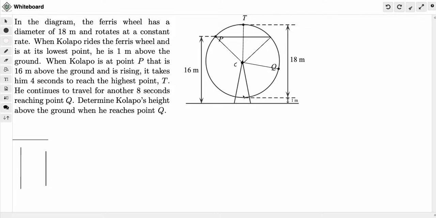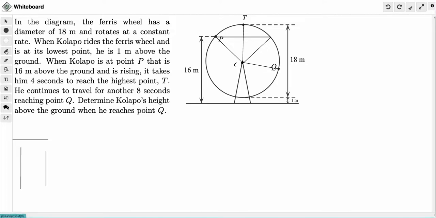First, I can assume that the tip of the triangle right here is at the center of the circle, which I labeled as C, as a dot in the center. Then I drew some lines going from the center to points P, T, and Q. I also drew a line that goes opposite to point P and one from the center to that point.